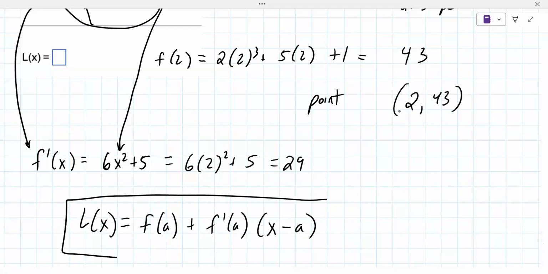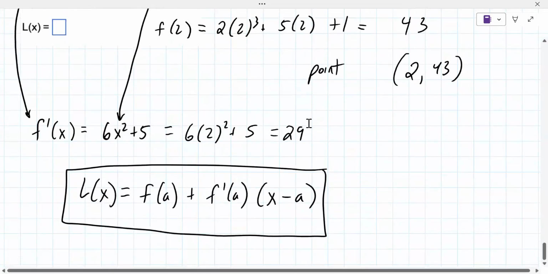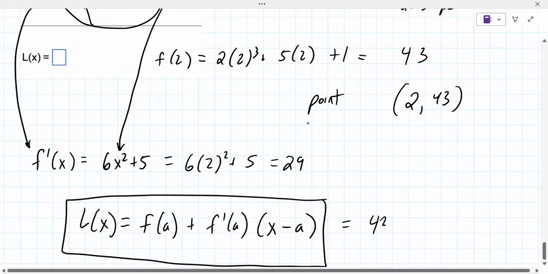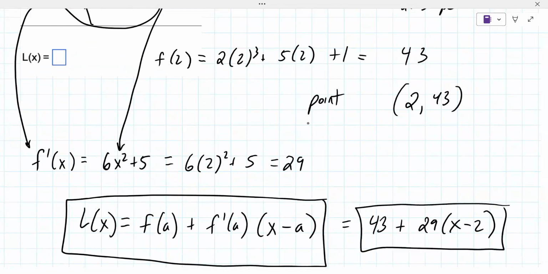So this is something to remember or write down. So you're looking at 43 plus 29 times x minus 2, like that. And do I simplify that? You do not have to. It will take that as is.